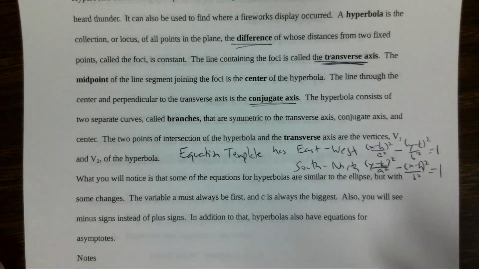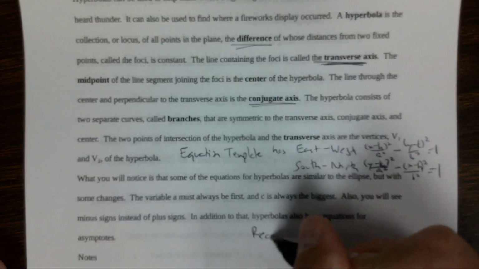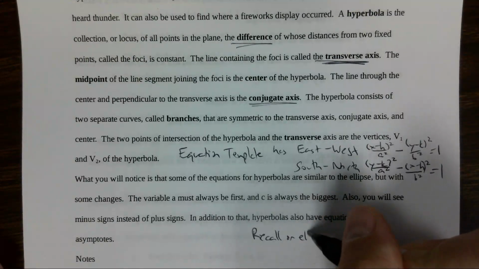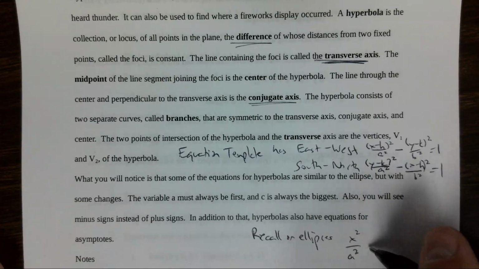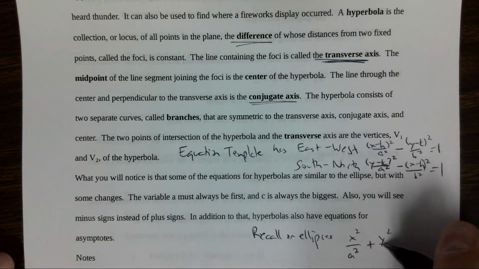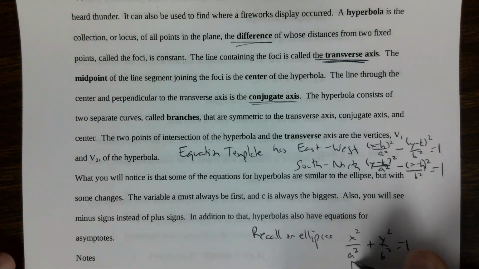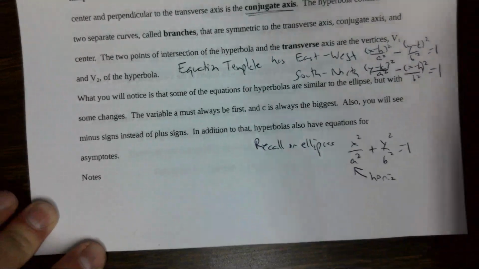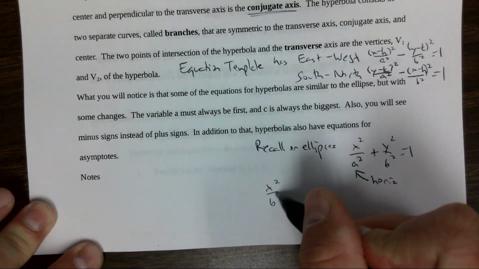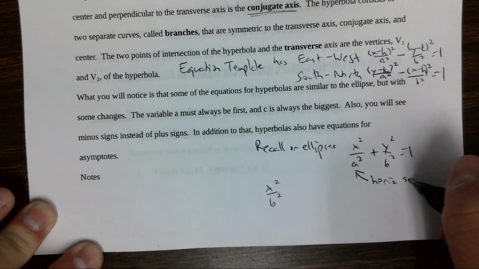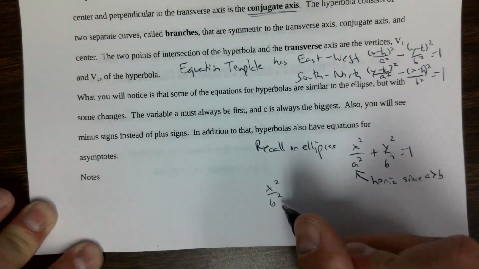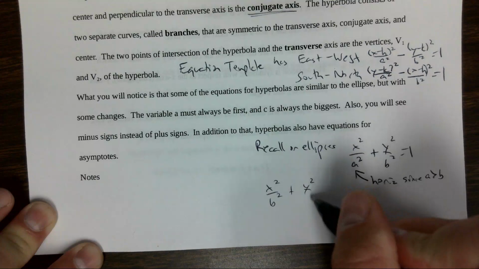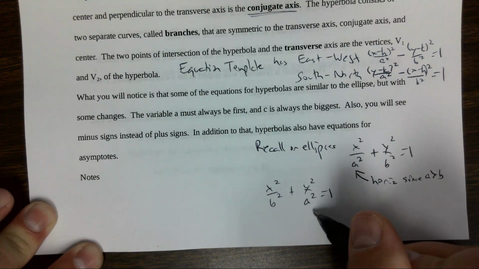So I'm just going to say recall on ellipses, if it were x squared over a squared plus y squared over b squared equals 1, that one indicated it was horizontal. And if it were x squared over b squared plus y squared over a squared equals 1, since a is greater than b, this is vertical.